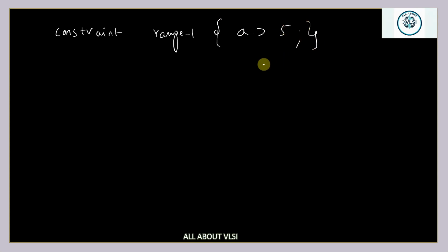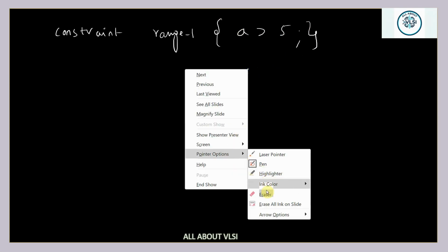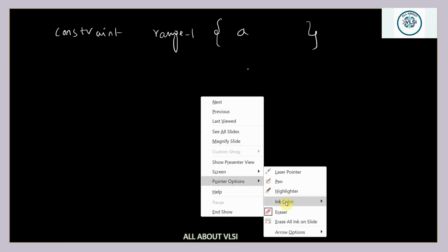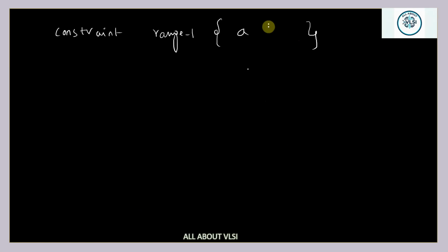Okay, let me erase it. So let's say the constraint which I'm going to give is a less than 20. This constraint is present inside my parent class.